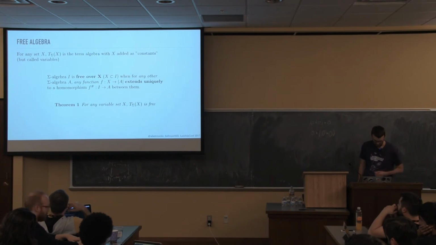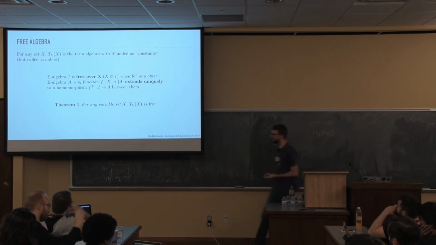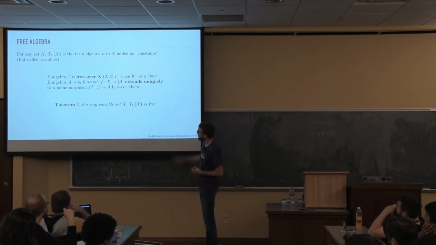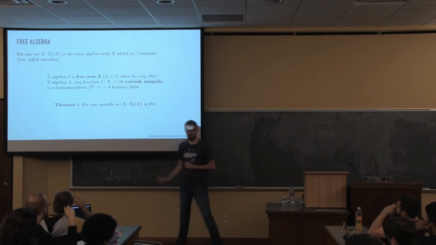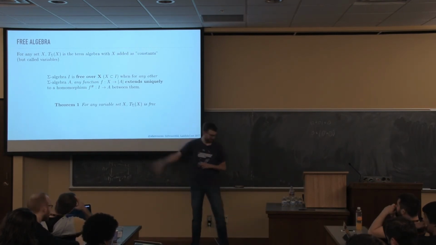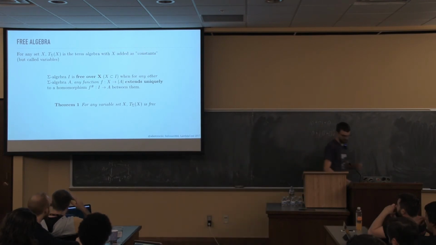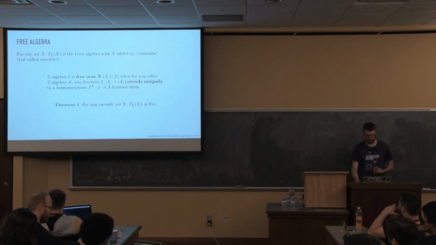Maybe not very surprisingly, it turns out that for any variable set X, the term algebra with the variables from X is free, according to that definition. What does this definition really mean?